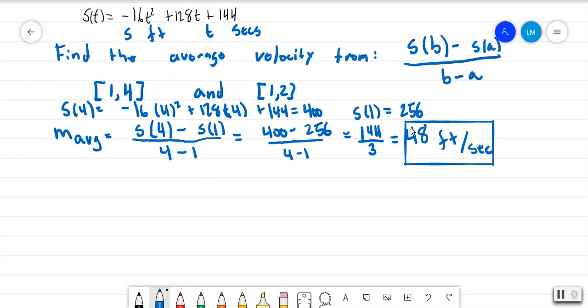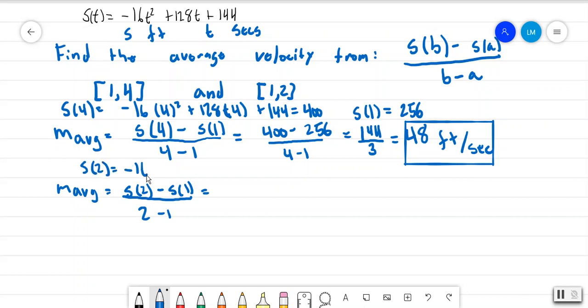Now, I want to do the same thing, but with the other time interval. So I want to find the average velocity as s of 2 minus s of 1, all divided by 2 minus 1. Now, I need to find s of 2.